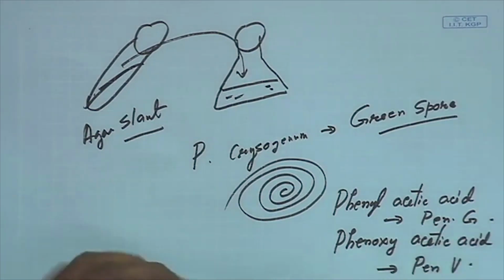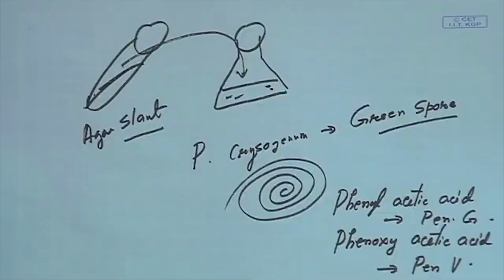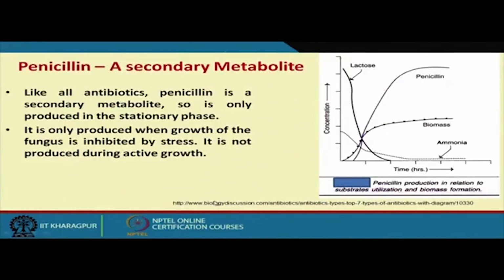So we use these two different precursors. This is the precursor that is required for the penicillin fermentation process. And this is the profile of the different components present in the reaction mixture.